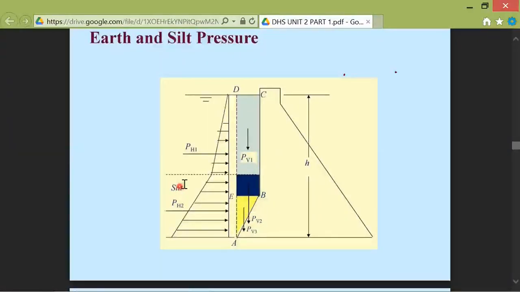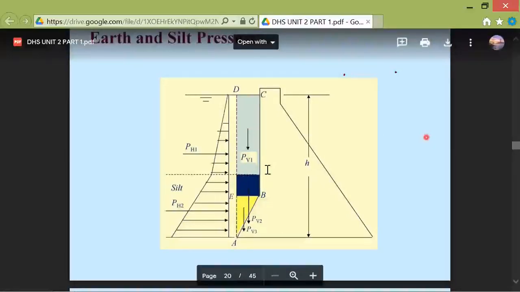Here we are considering the silt. Now it is water plus silt, and therefore there is an extra weight, and because of this extra weight, the shape of this triangle changed. Now how much will that value be? 1965 kg per meter cube, near about that will be the combined value of your water plus silt.